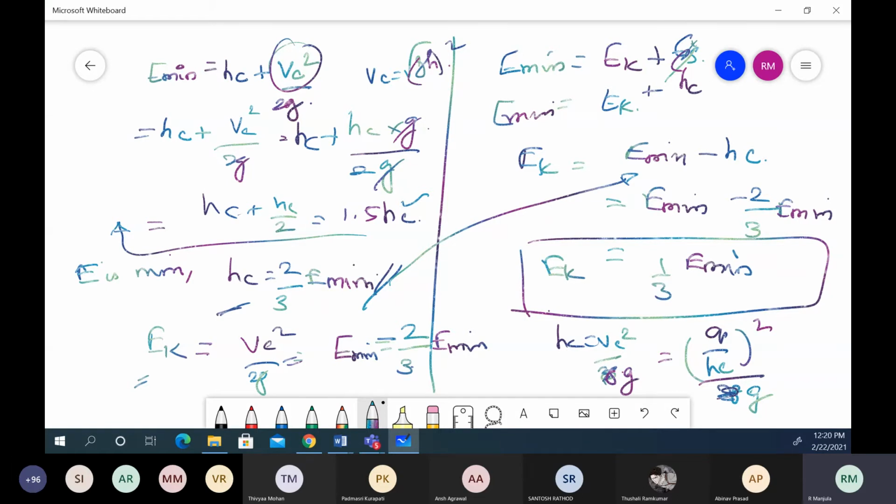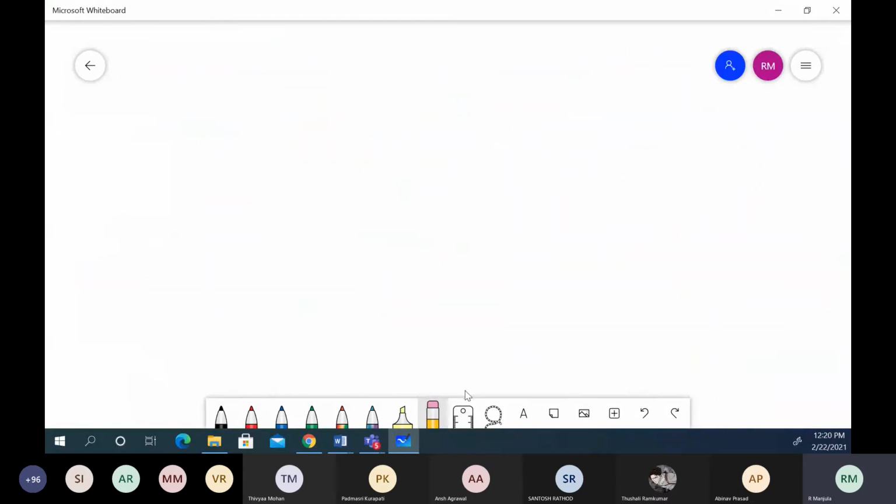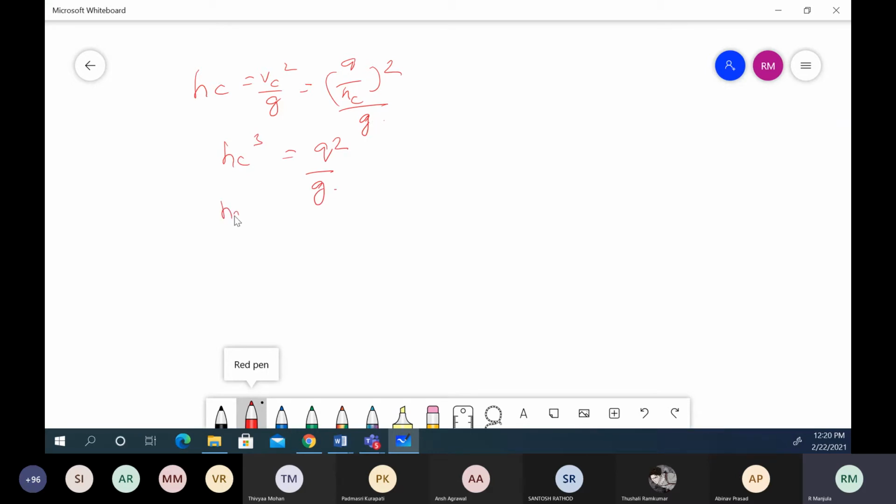This is the formula. Now HC is equal to V square by G, or q by HC the whole square by G, and HC cube is going to be q square by G. HC is going to be q square by G the whole raised to 1 by 3.